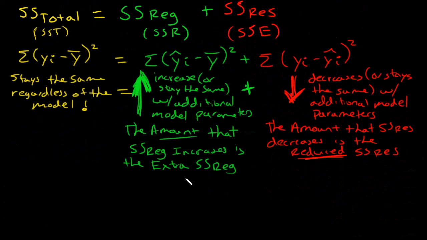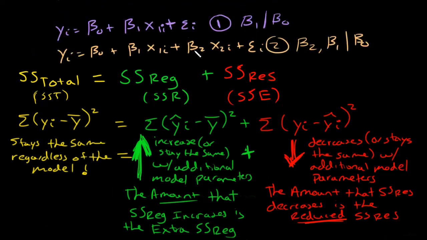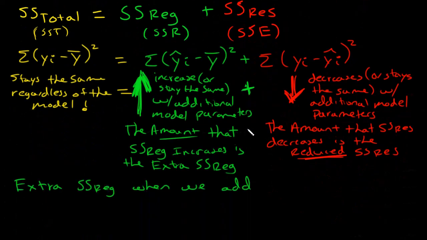Starting with extra sum of squares regression, let's write that down. Extra sum of squares regression when we add that second model. What did we add? We added beta 2 to the model, which is equivalently the same thing as saying we added x2.